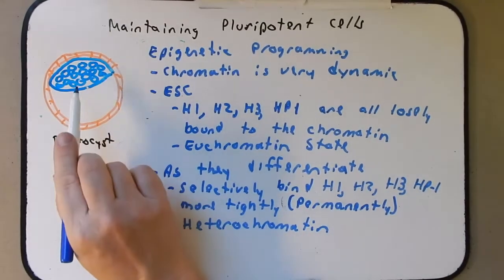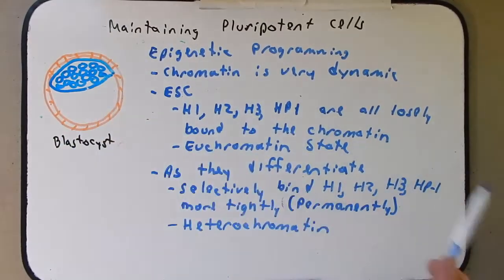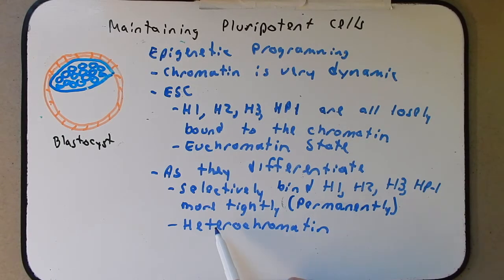As these cells become differentiated, as they move on through gastrulation, genes that are not supposed to be expressed will selectively be converted into heterochromatin. So you would not want genes important in kidney function or kidney formation to be expressed in the ectoderm, so they would be formed into heterochromatin. Due to the epigenetic nature of forming this heterochromatin, they'll stay as heterochromatin for the rest of that cell's lineage.